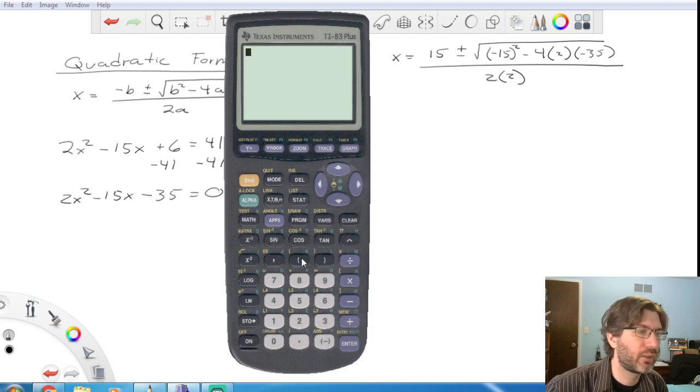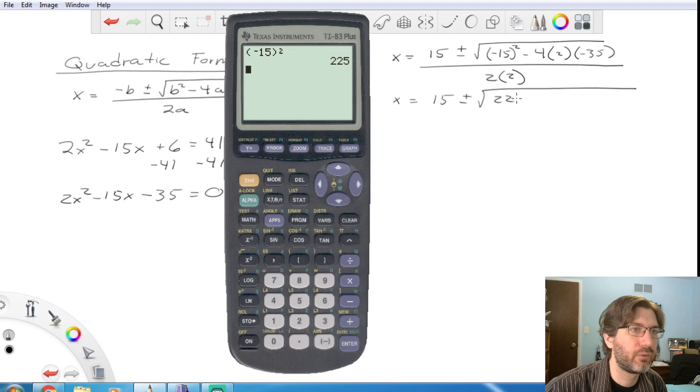So first we're going to take negative 15 squared, and remember, if we are squaring the negative, it will be positive in the long run, but remember it needs the parentheses for the calculator. Negative 15 squared equals that. So I'll come down and start writing things in. I got 15 plus or minus the square root of 225, and then negative 4 times 2, and then we're also multiplying that by negative 35.